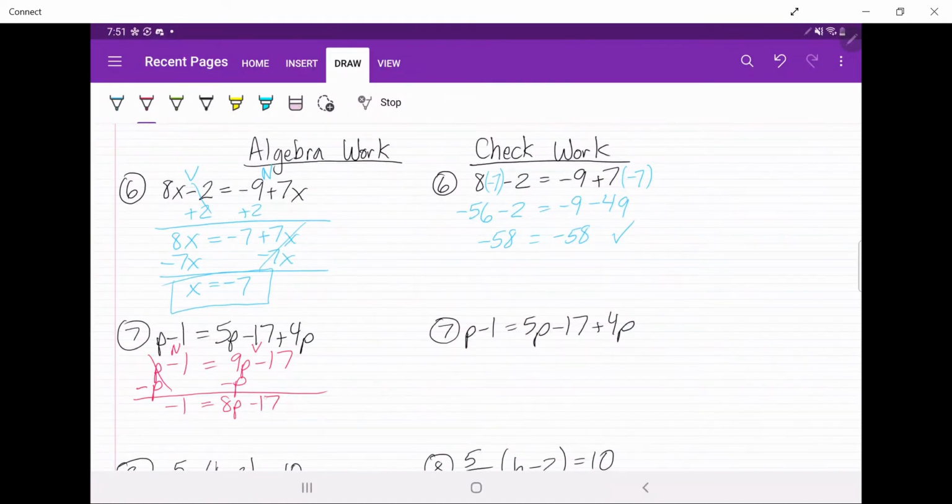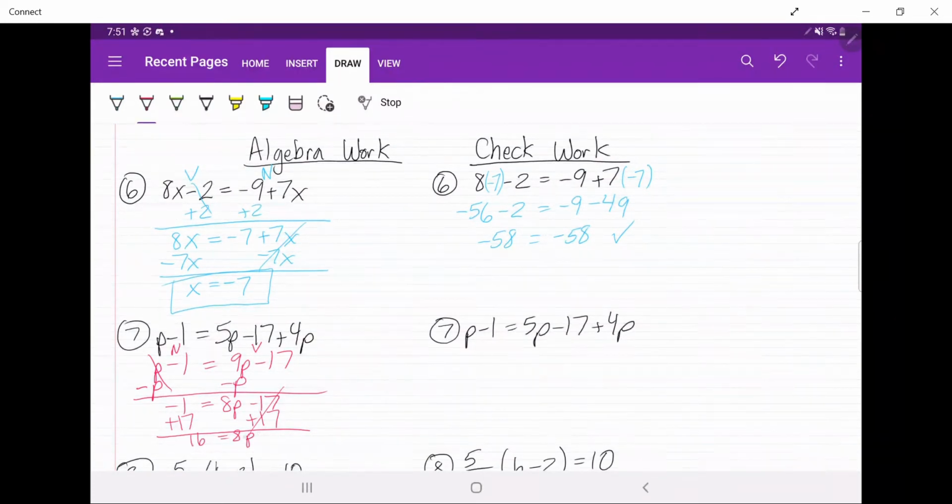Now we need to get numbers on the left hand side, so we need to remove the negative 17. The inverse would be positive 17. Add 17 to both sides. And when we add 17 to both sides, negative 1 and positive 17 makes 16 equals 8p.